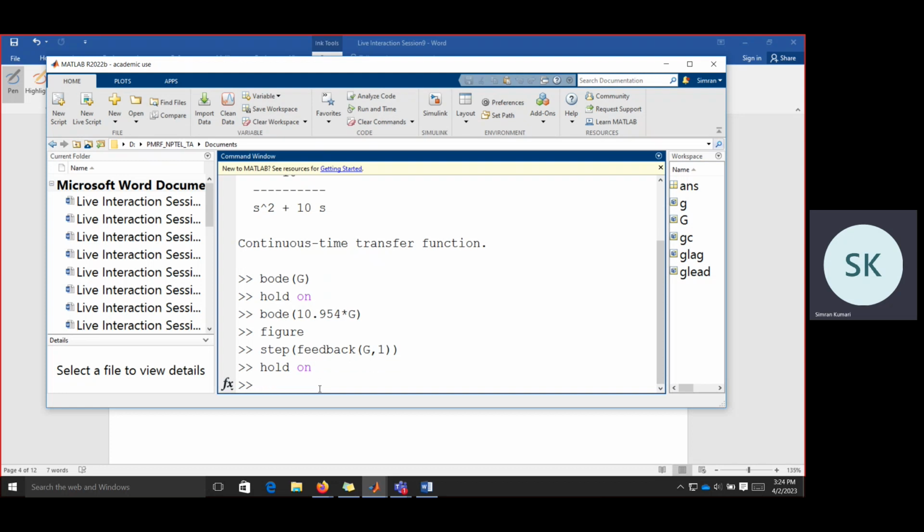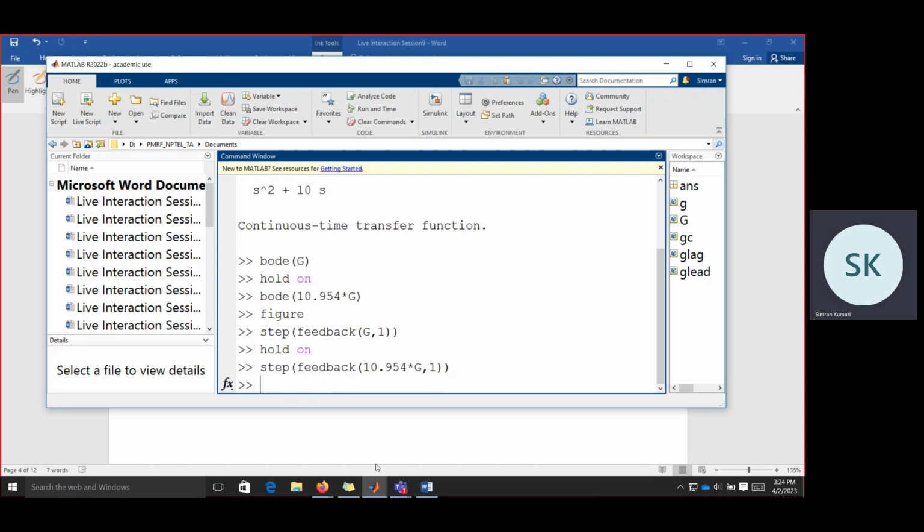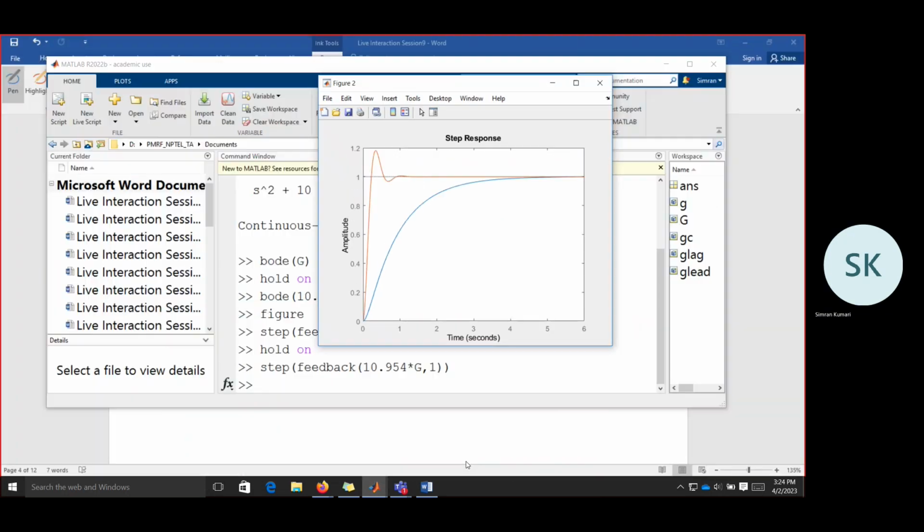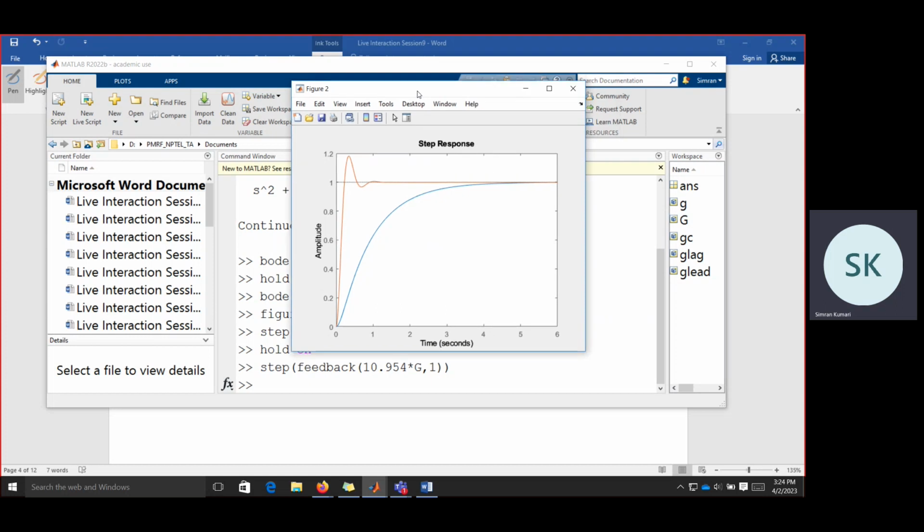So hold on, this will be multiplied by 10.954. Let's see what the response is. So we can see the orange one is the response when there is this gain in the forward path, and here we can see the settling time has decreased.